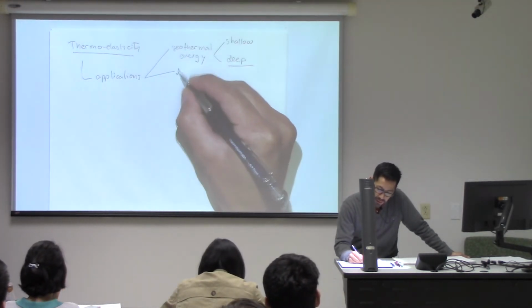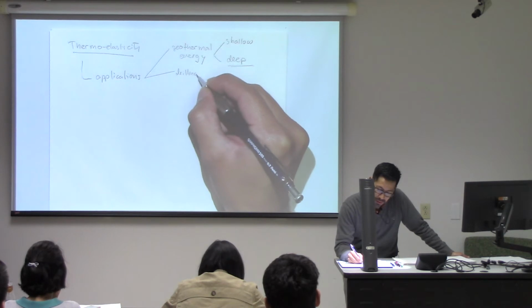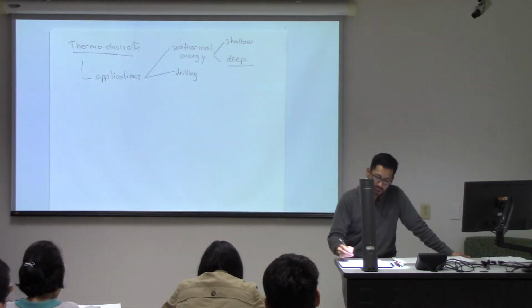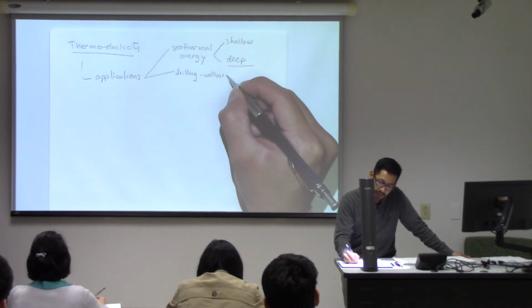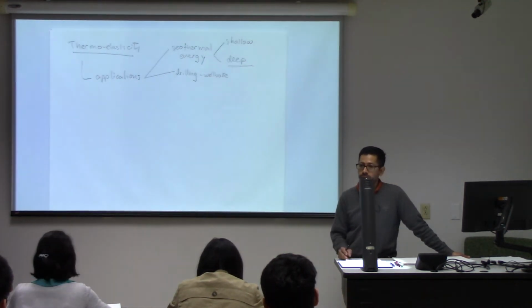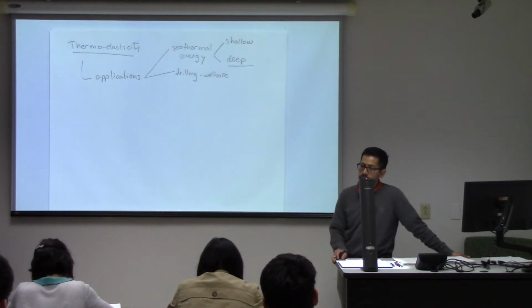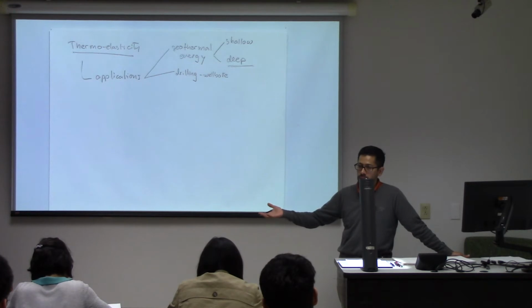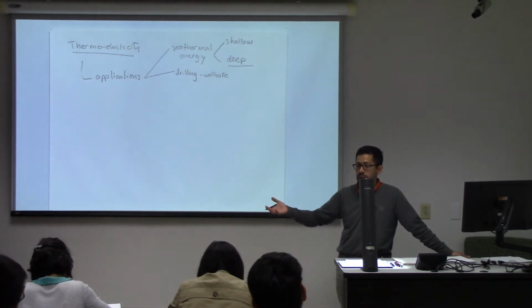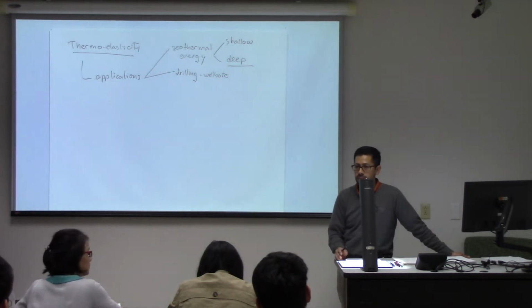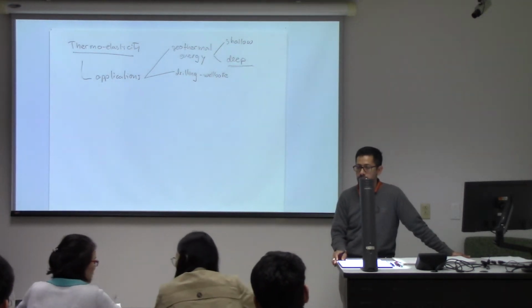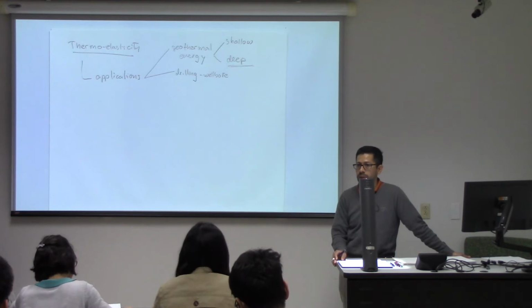Less fancy, but very important too, is the drilling of a wellbore. Many times when you drill a wellbore, you use drilling mud, which is on surface pools, and it's at surface temperature, so that when you inject it and it goes very deep, it's usually at a lower temperature than the formation itself.